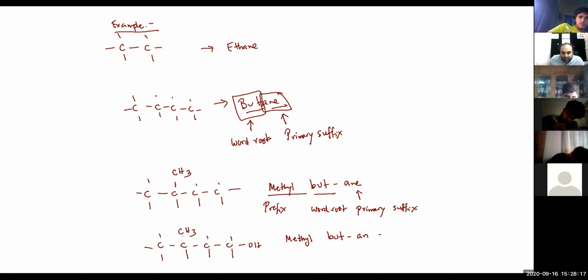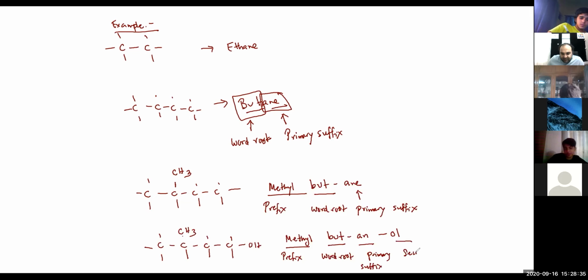So methyl is prefix, but is word root, ane is primary suffix, ol is secondary suffix. So why did we omit the E? We will learn it.